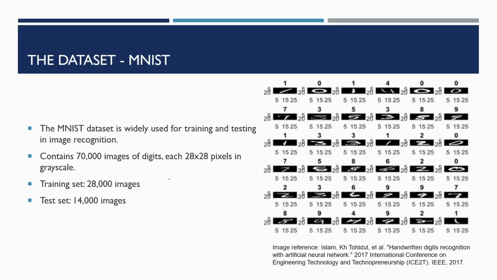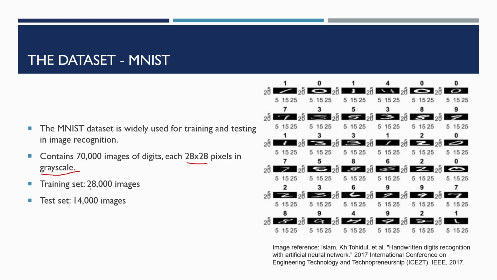Now, the dataset which they use is the MNIST dataset. This dataset is widely used for training and testing in image recognition. It contains 70,000 images of digits from 0 to 9. Each image is 28 by 28 pixels in grayscale.